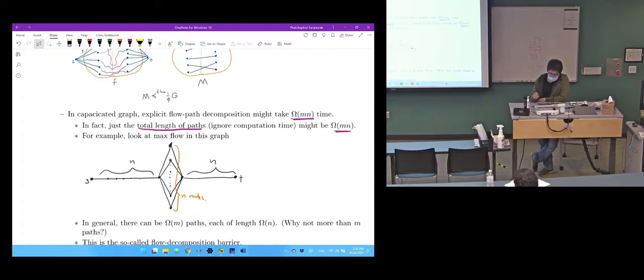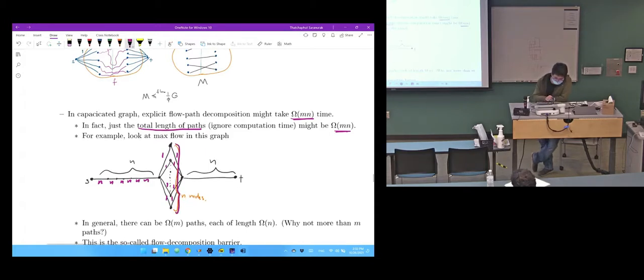So why is that? Let's look at this graph, for example. Let's say the length here is n, and the capacity of each edge here is n too. The capacity of this edge is 1. And there are n nodes here.